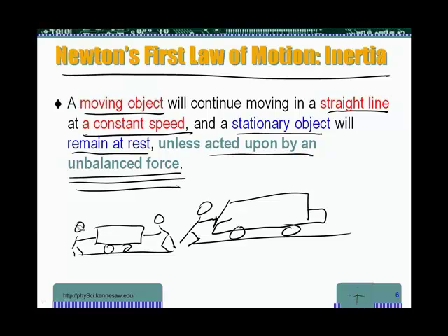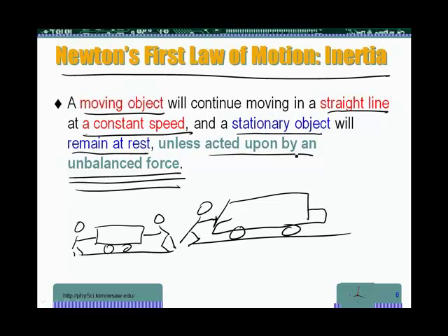Now, the other thing that you need to pay close attention to, another point that creates difficulty with students, is the fact that the moving object will continue moving when we don't have an unbalanced force.